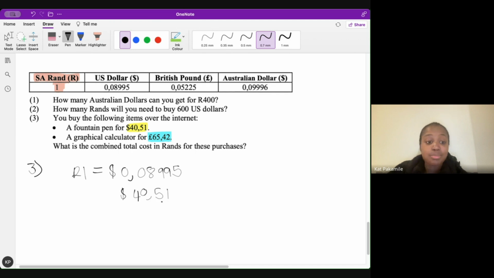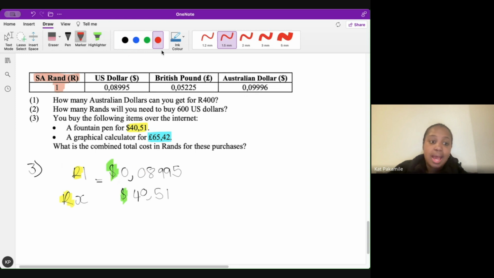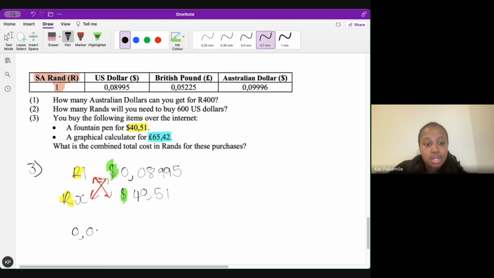If you go check out our current exchange rate, it's not that different, né? So what we're trying to work out here is X. Once again, you check, do I have the correct unit in the correct places? Great. And then you cross multiply. So X times 0,08995 is equal to 40,51.